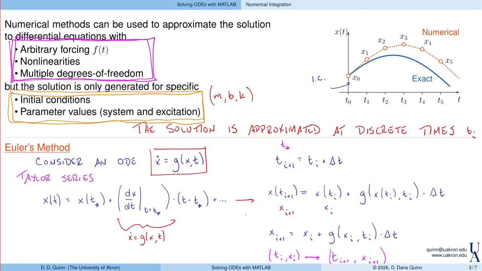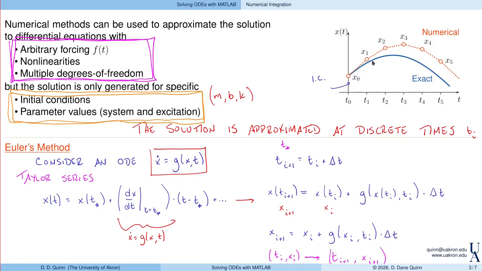So now we have a way of marching forward in time. Given this x0, we can use this to calculate x1. And then given this x1, we can use this to calculate x2. x2 gives us x3 and so forth. Part of the problem though, and you can clearly see this here, is that each one of these is an approximation.